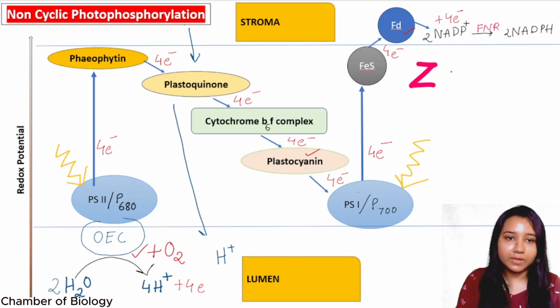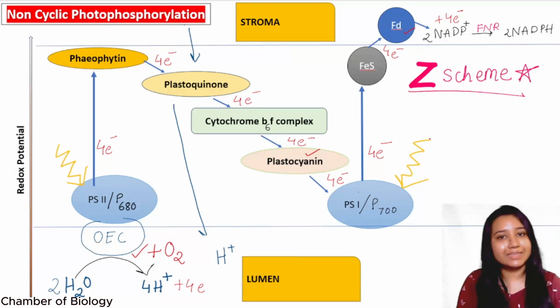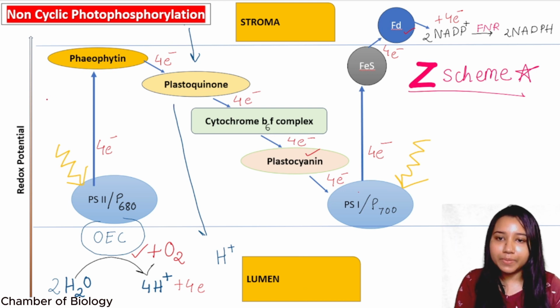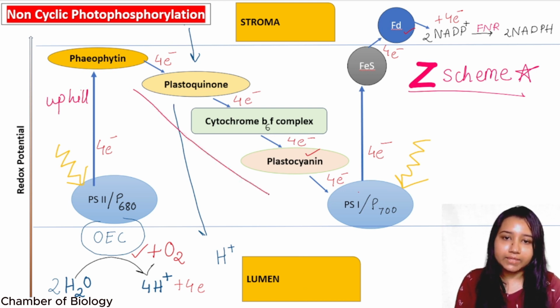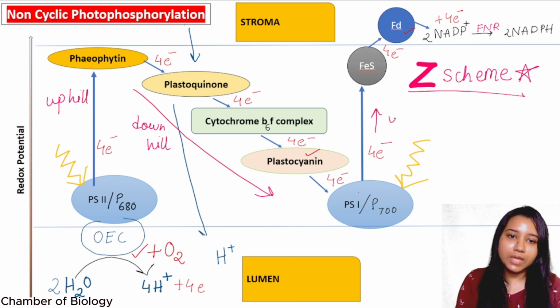This non-cyclic electron transport is also called the Z scheme, where we see uphill, and here we can see there is going to be downhill, and again we are going to see uphill movement. All right, up till this it is clear.